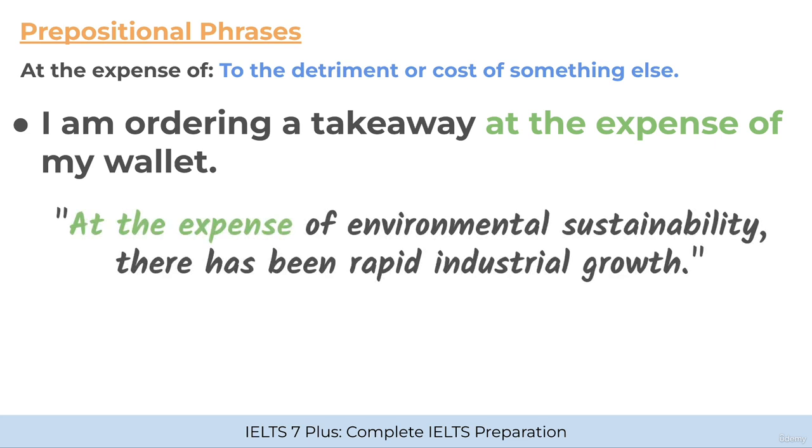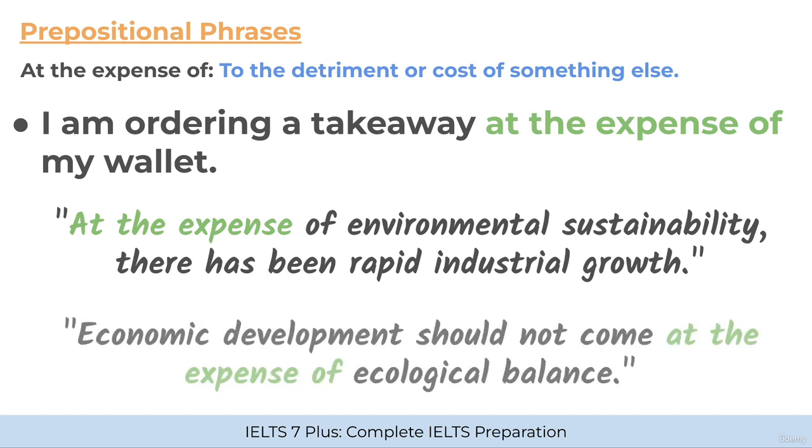More IELTS now. At the expense of environmental sustainability, there has been a rapid industrial growth. So what has suffered? The environment, sustainability. What has grown? Industry. Economic development should not come at the expense of ecological balance. Okay, so hopefully this is clear how to use this phrase.